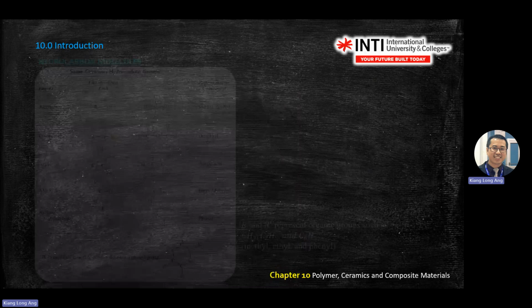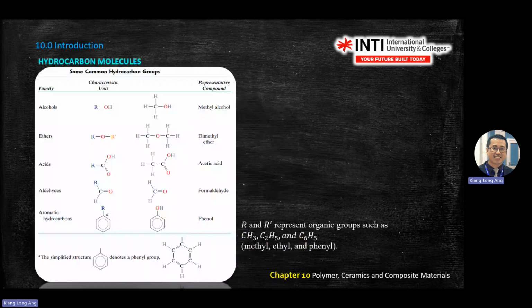So for example, alcohol, you have an OH, oxygen there, and in the exam you will see something like this, right? The exam will ask you to restructure or draw the structure for the hydrocarbon.